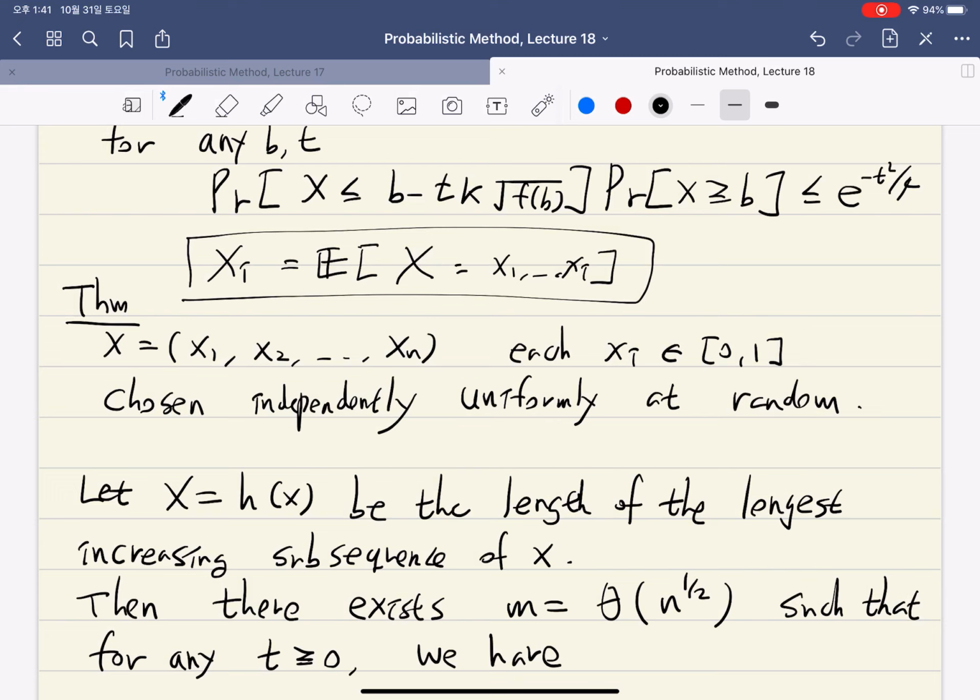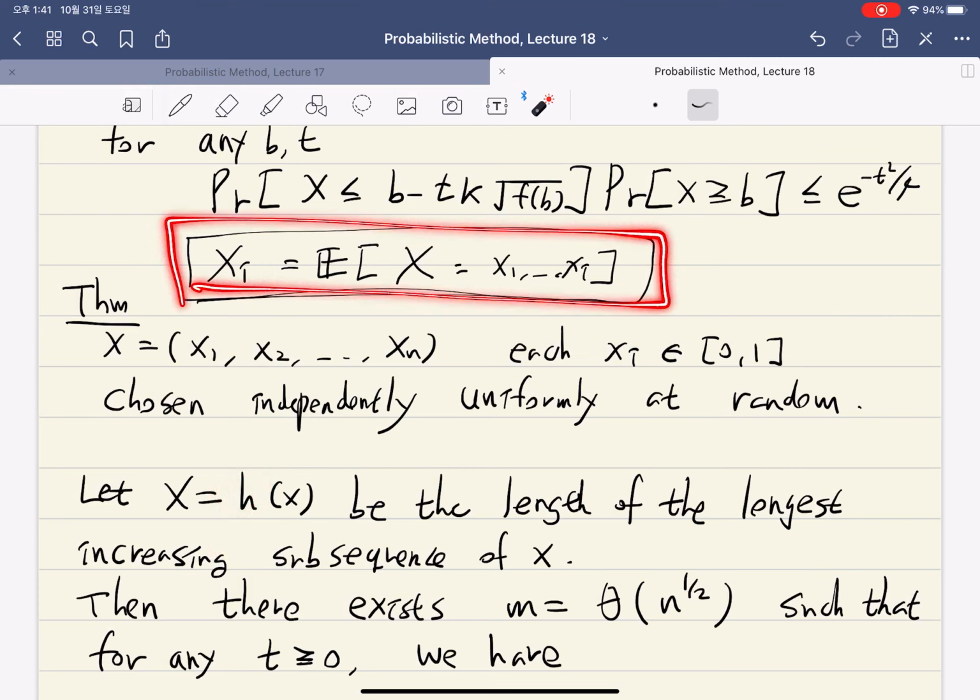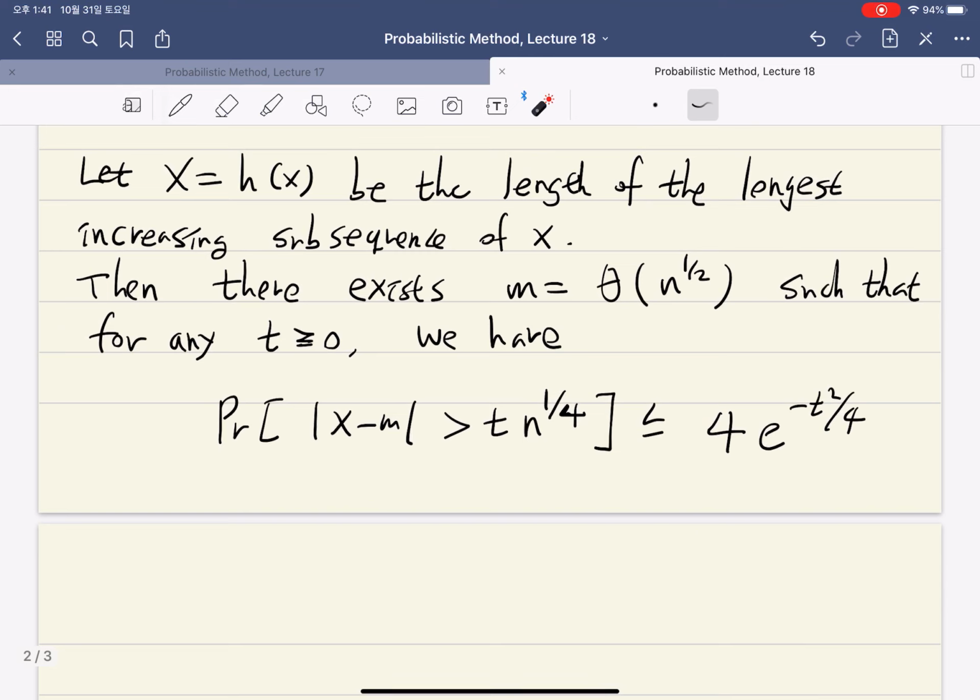You can easily check that once you change one coordinate, this expectation changes by at most 1. So you can check that this h is Lipschitz, and you can apply the Azuma inequality to get the concentration. But in that case, you get a window of something bigger, something like n to the 1 over 2.